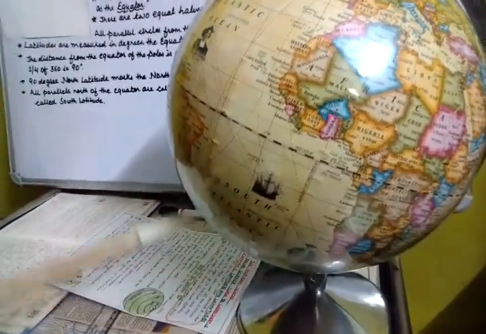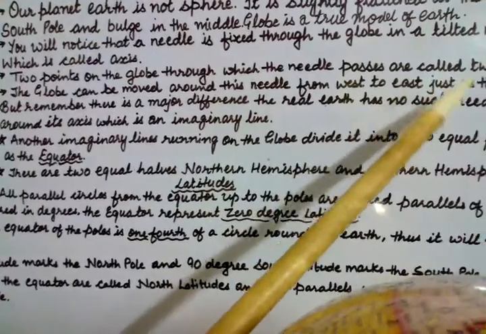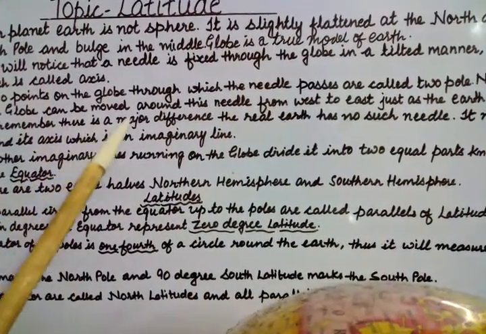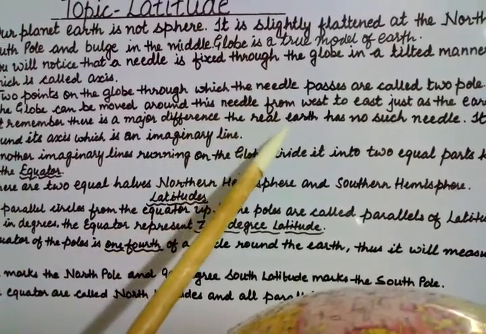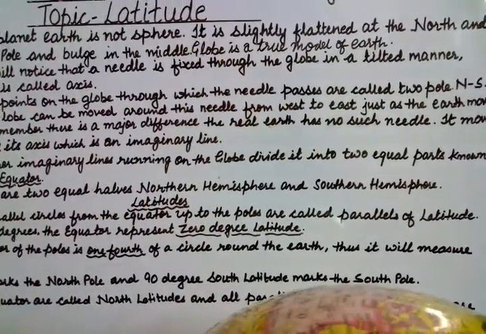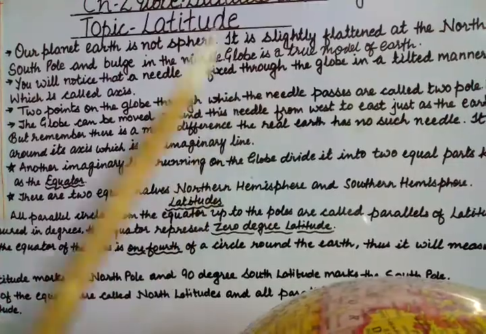Okay. The globe can be moved around this needle from west to east, just as the Earth moves. But remember, there is a major difference. The real Earth has no such needle. It moves around its axis, which is an imaginary line.